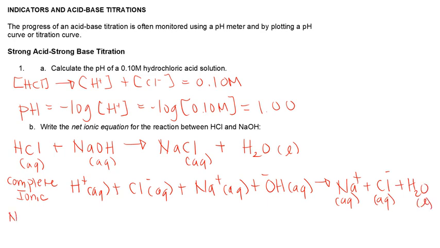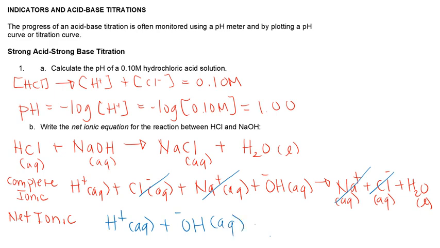And then our net ionic, I'm going to cancel out the spectator ions. So we have Cl, Cl, H+, and we get H plus aqueous plus OH minus aqueous goes to H2O liquid.